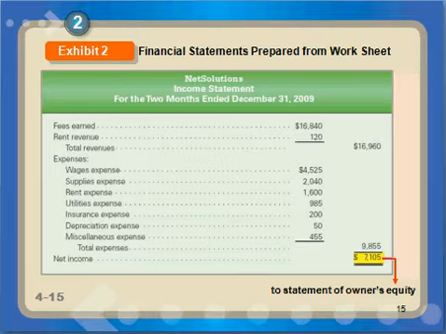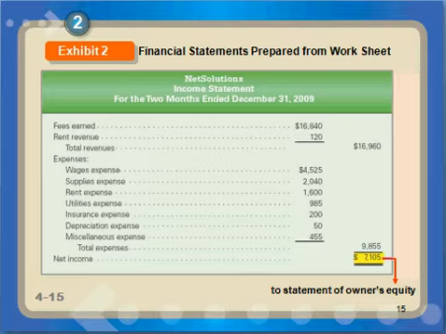He had fees earned and rent revenue. And we take those 2 numbers, we add them up, and then take that total revenue and put it in the right column. And then below that, we put expenses and a colon, and then list all of our expense accounts. And you can see these are indented a little bit from the revenues all the way to the left, and then our expenses are indented over a little bit to the right.